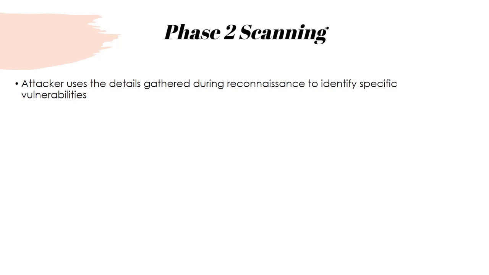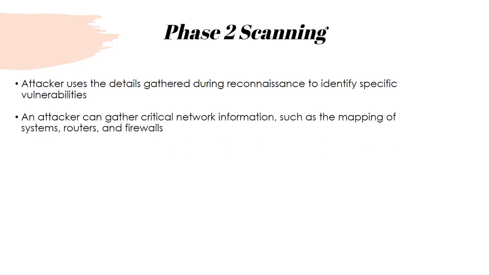And then phase 2, we have the scanning. So this is where we are using the information that we gathered and we're looking to find different vulnerabilities. An attacker can gather critical information on a network, such as mapping the system, the router, and the firewall. So for example, when an attacker is looking at a particular system, they're looking to map it out. They want to look at, okay, how does everything connect? Does one particular department have their network set up a certain way?